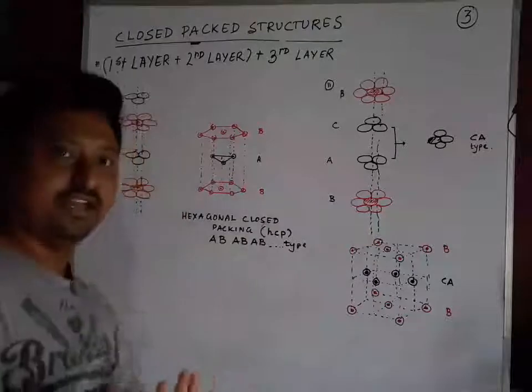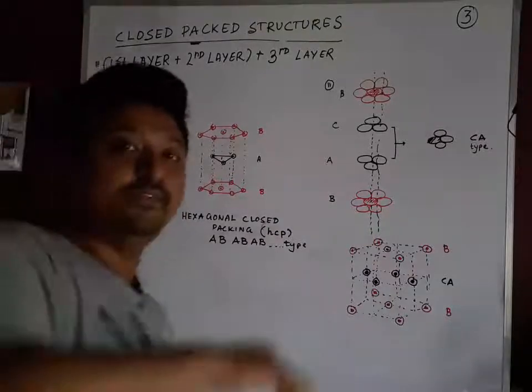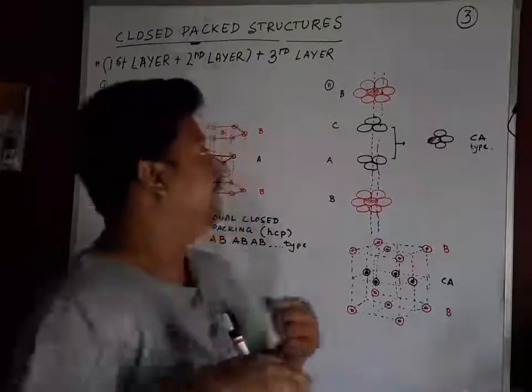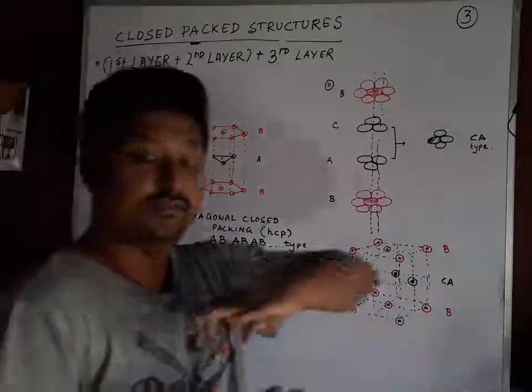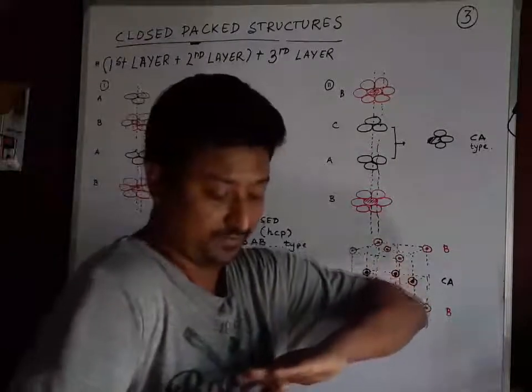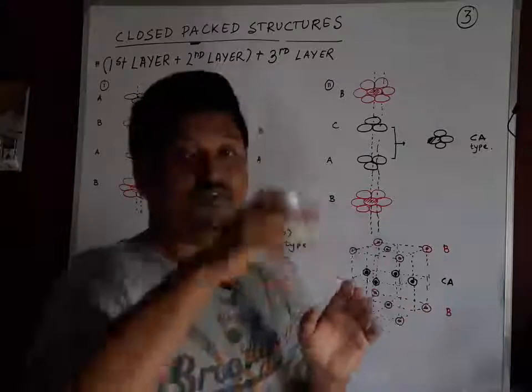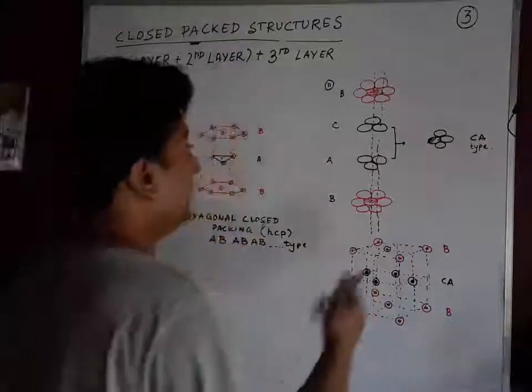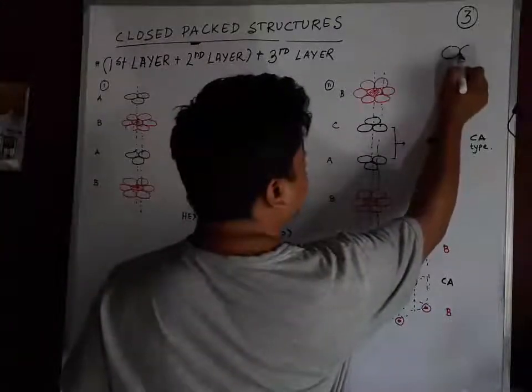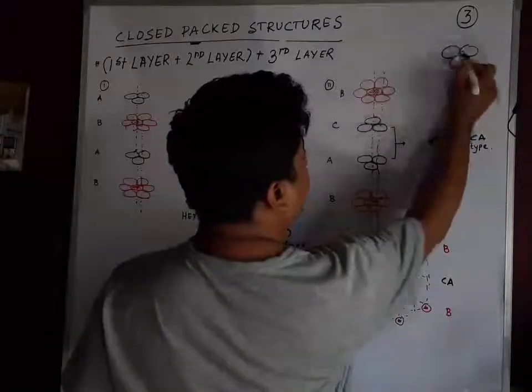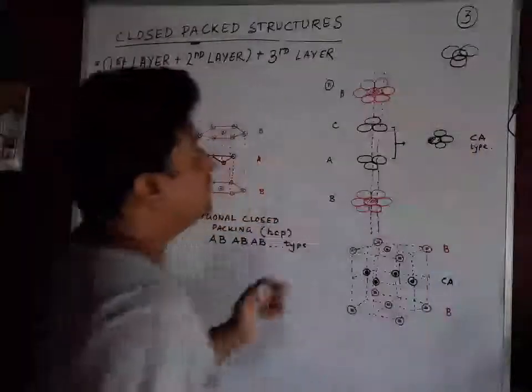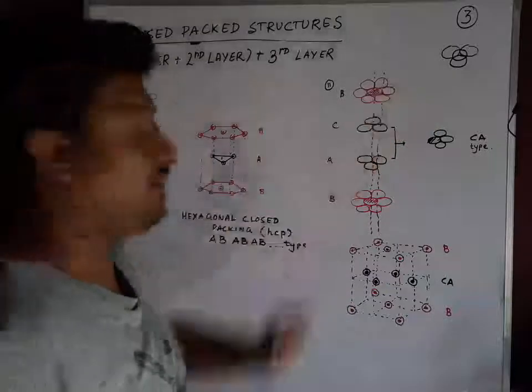If you go to the previous lecture where I told you about the octahedral and tetrahedral voids, if you look from above, according to the arrangement, this kind of arrangement forms a tetrahedral void.